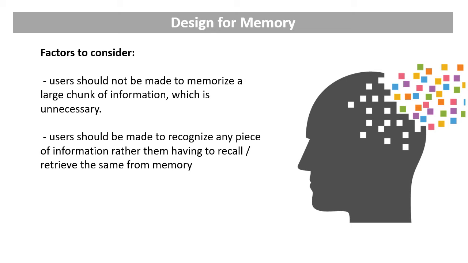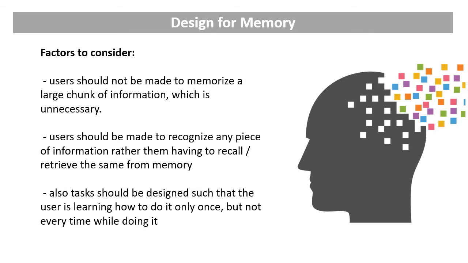Versus a recall, where I ask you, what is the capital of Arunachal Pradesh? In recognition, you are given more cues, more options. Recall means you are given fewer cues, and it calls for more cognitive processing to retrieve information from long-term memory. So you should always make sure that users are made to recognize rather than recall.